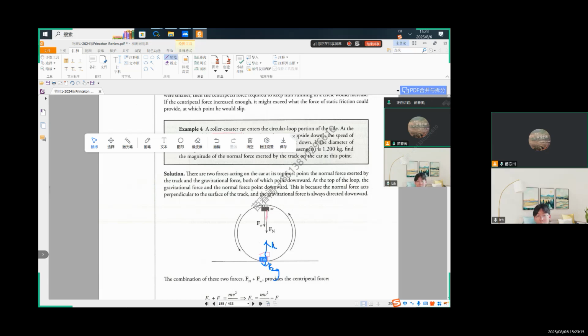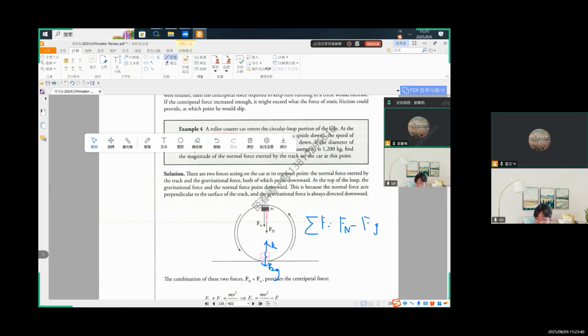So can you find the sigma F in the central direction? So what's the sigma F in the vertical direction? How would the normal force be if the car was at the bottom?